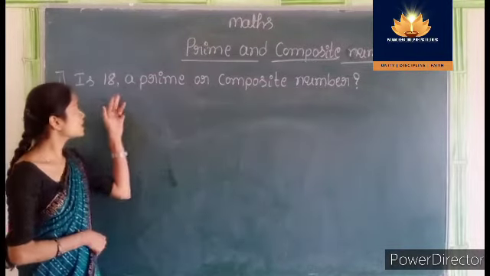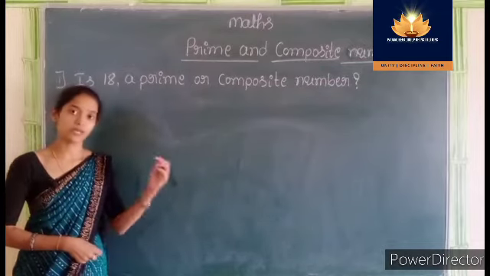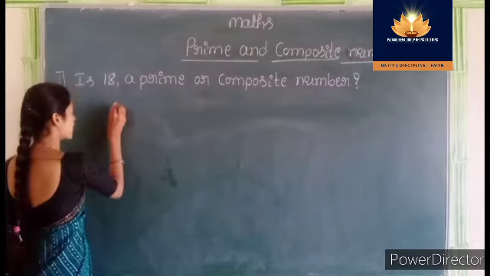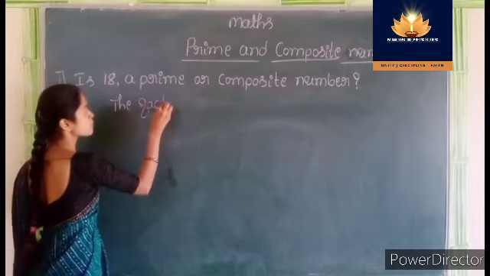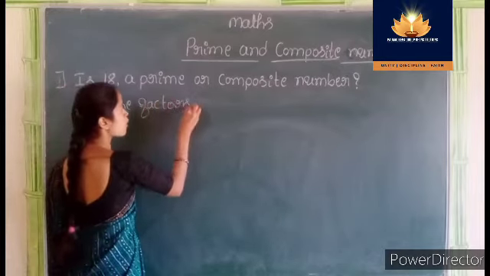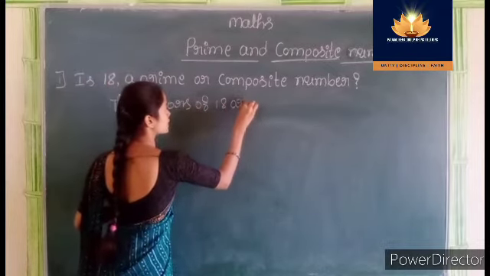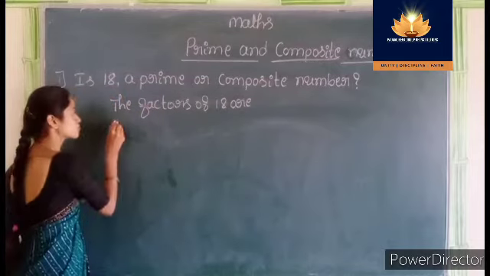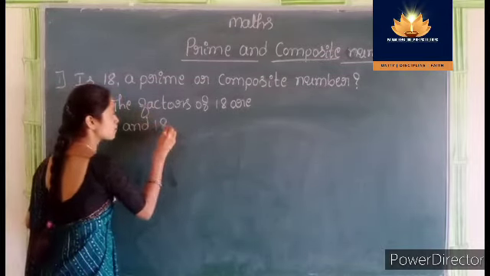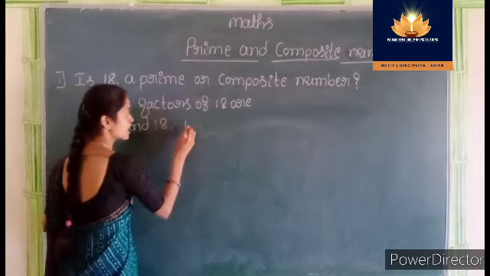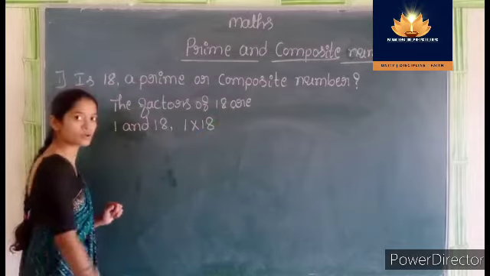Is 18 a prime or composite number? So let us check the factors of 18. The factors of 18: 1 and 18, because 1 into 18 is 18 only.